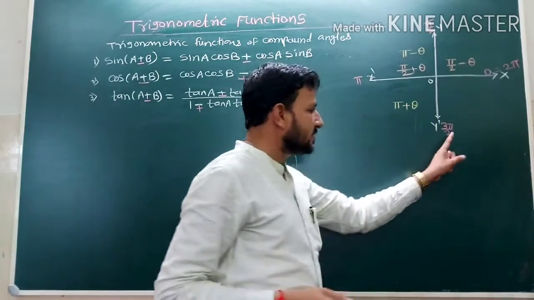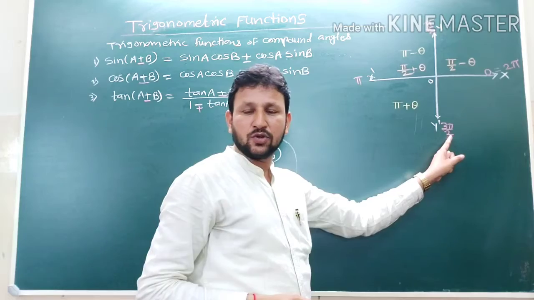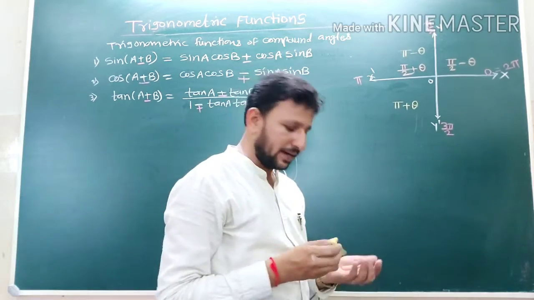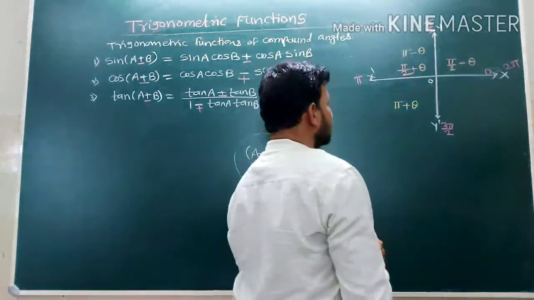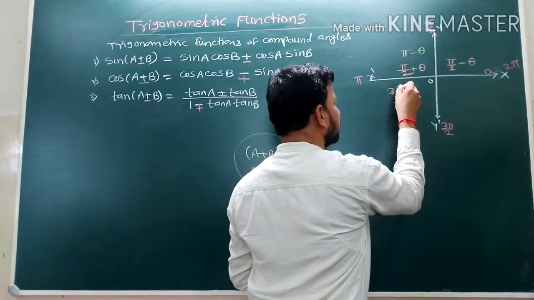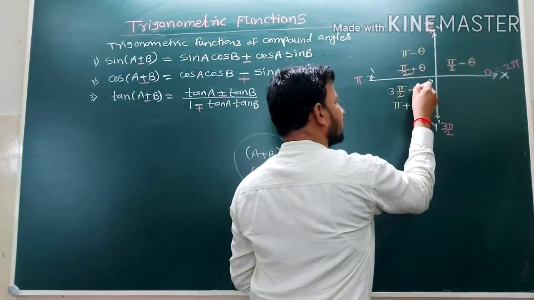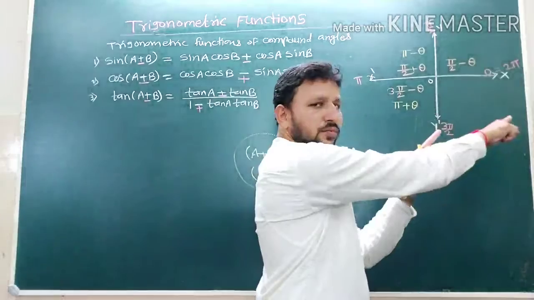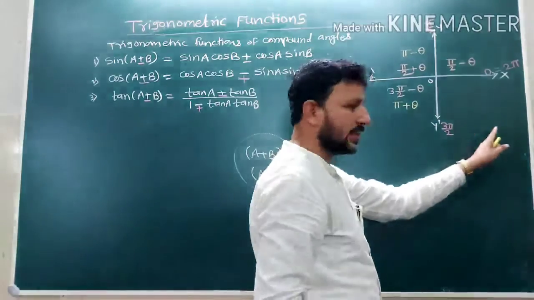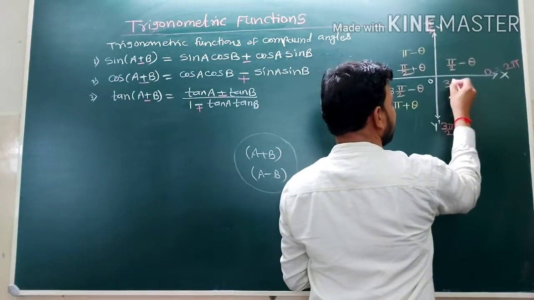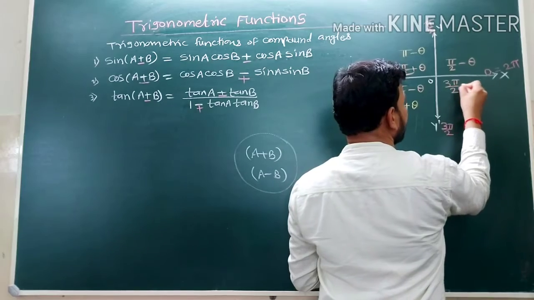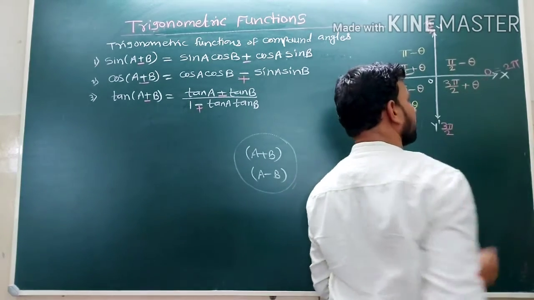Or it is less than 3 pi by 2, expressed as 3 pi by 2 minus theta. And if you come to the fourth quadrant, it will be more than 3 pi by 2, expressed as 3 pi by 2 plus theta.